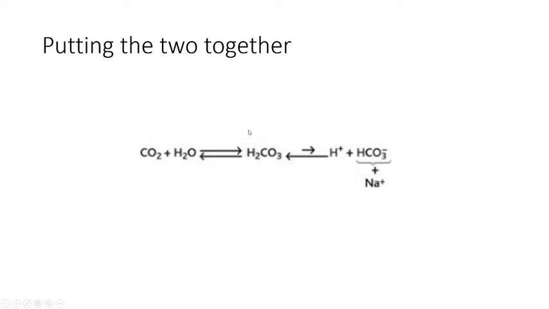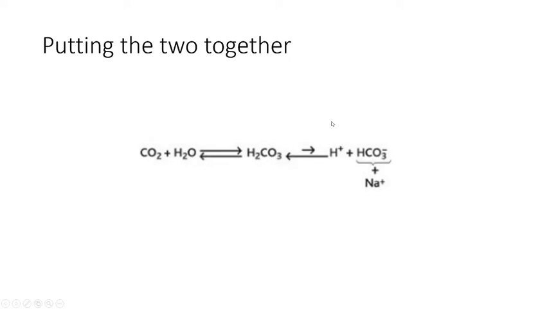As this carbonic acid makes its way to the lungs, it will go to the left, carbon dioxide will go out, and it makes more room to produce more carbonic acid. Conversely, in the kidneys, the hydrogen ions can be excreted directly, but we know that takes hours rather than instantly.